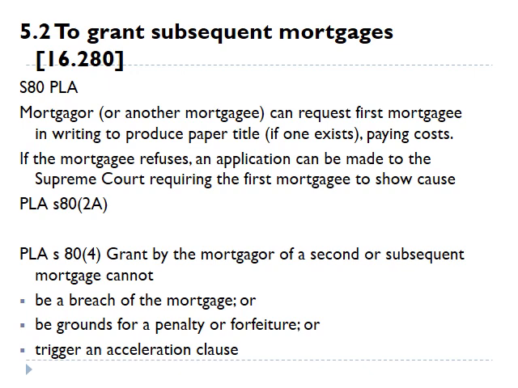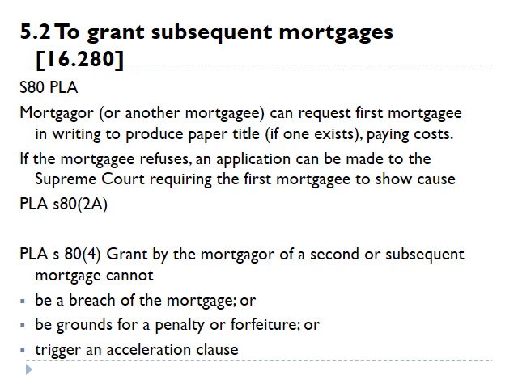Now, this was probably more important where there is a paper title being held by the first registered mortgagee. This came into the Property Law Act when that first registered mortgagee refused to produce that paper title for the registration of a second or subsequent mortgage.